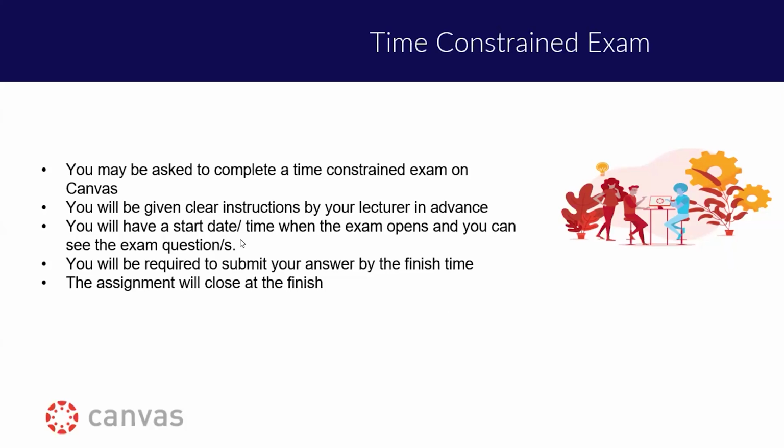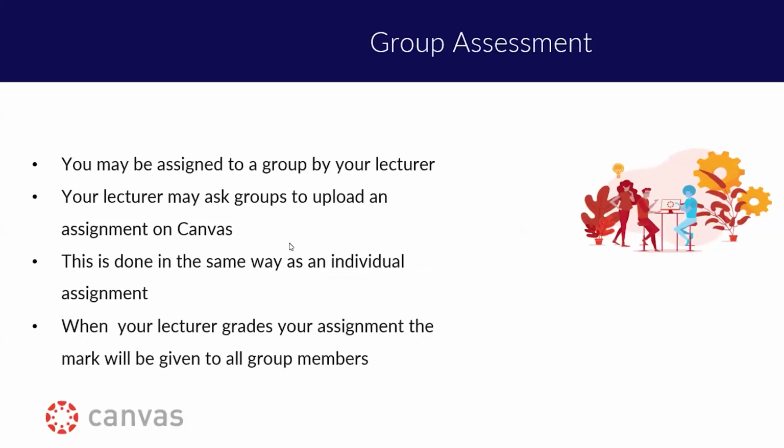It would be locked before the start time, but once it gets to that time, the exam opens, and then you'll see the exam questions, and you might have, say, 3 hours to complete the exam. And once the finish time is reached, the assignment will close automatically.